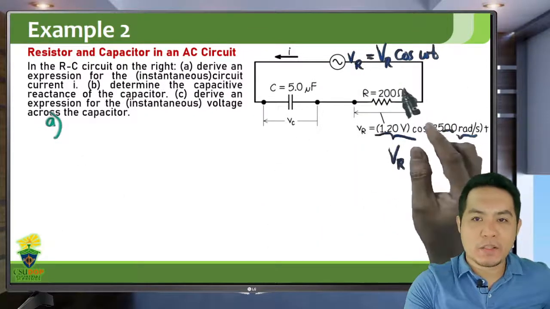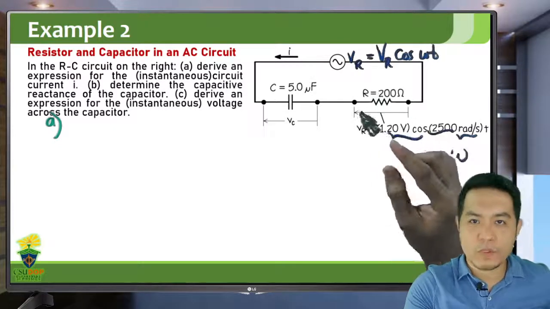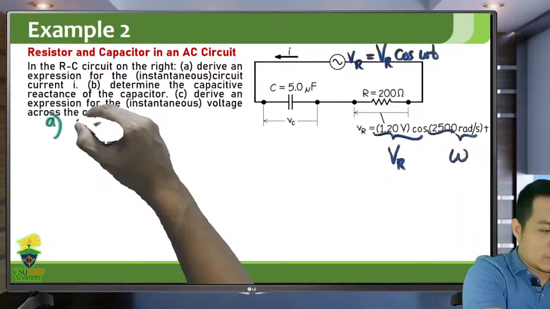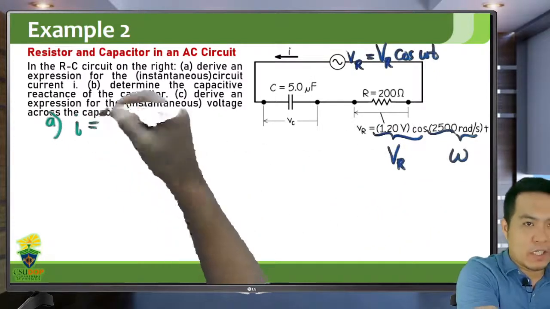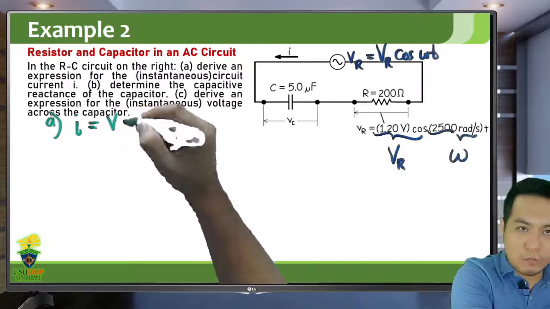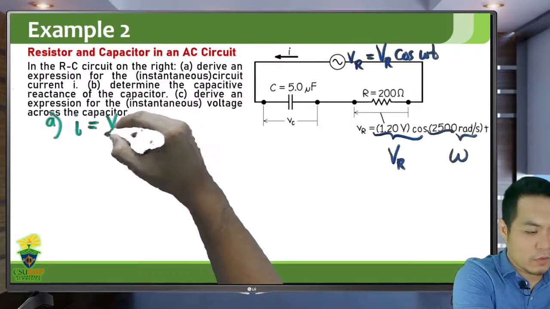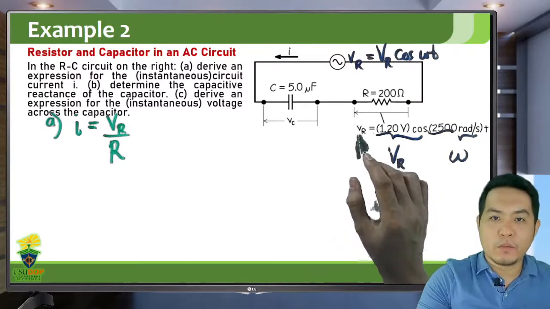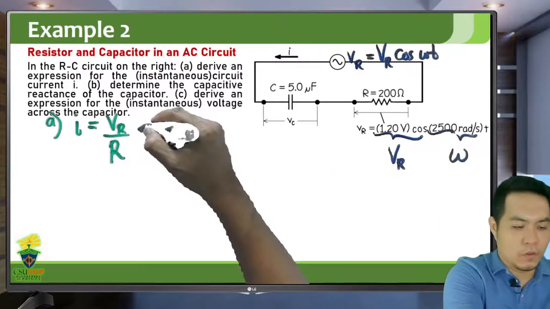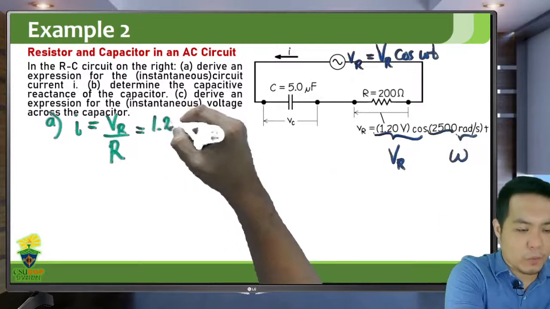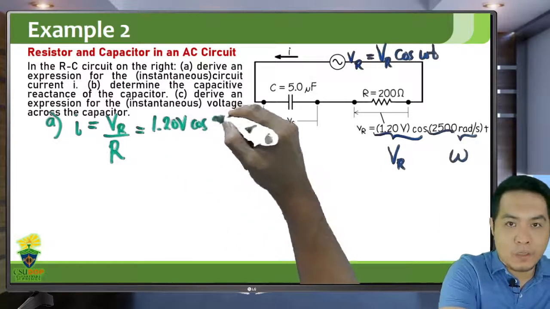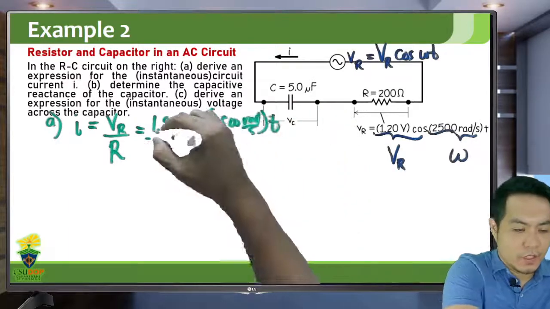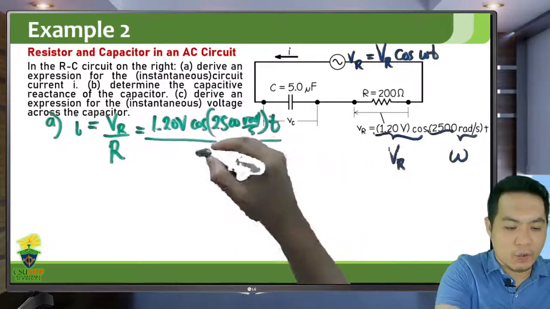It's easier to measure or observe the resistor. So for the resistor, the current that flows there is just equal to the instantaneous voltage there over its resistance R. So we already know VR. So you will have 1.20 volts cosine 2500 radians per second T divided by the resistance, which is given as 200 ohms.